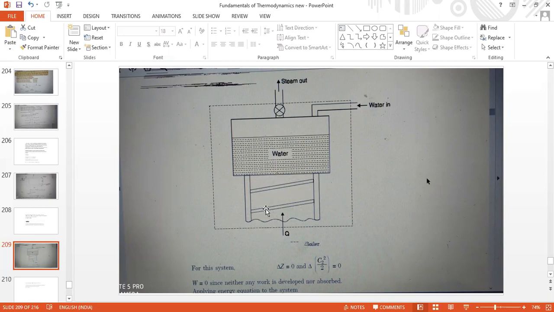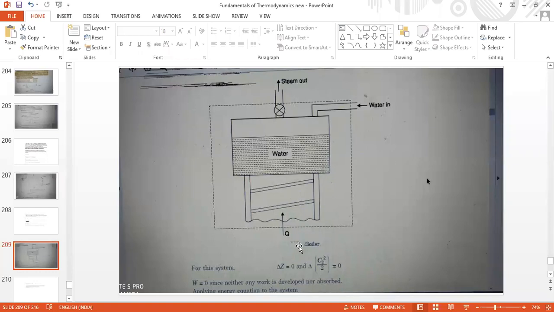In industrial boilers, coal is used, and this coal is fired, and the heat coming from the coal produces steam. Ultimately the steam that comes out is utilized for our purpose. The input is water. Water enters in, steam leaves. So in this way, a boiler is a heating device.